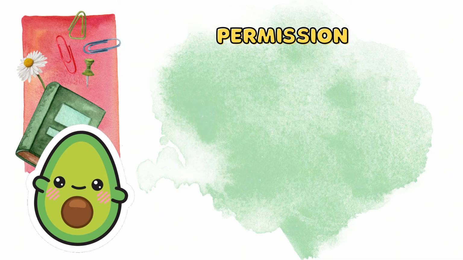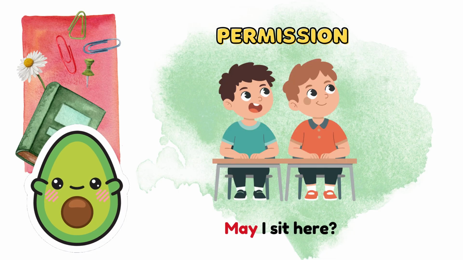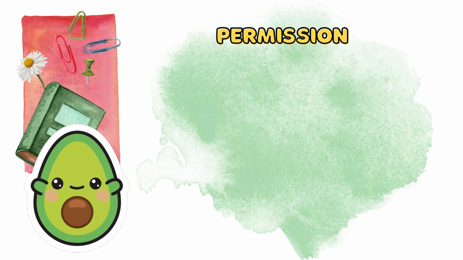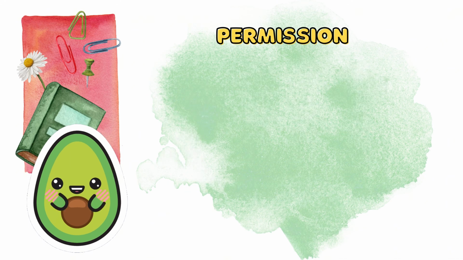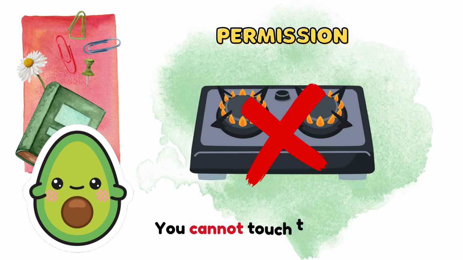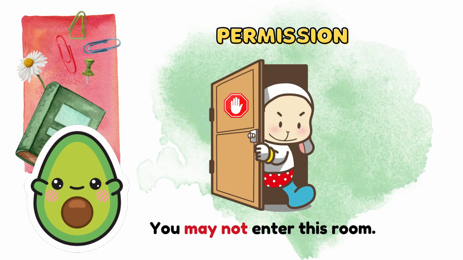Or you can be very polite and say, "May I sit here?" A teacher might also say, "You can play outside." And if something is not allowed, we say, "You cannot touch the stove." Or, "You may not enter this room."